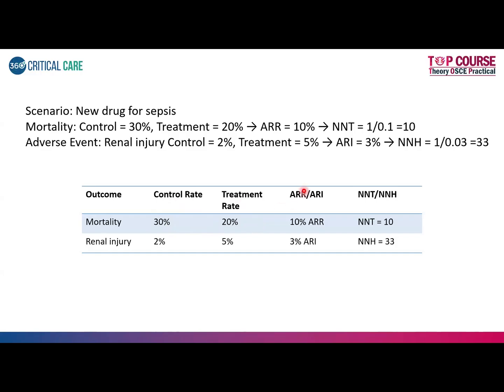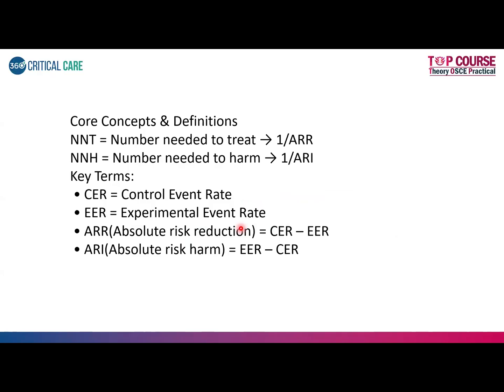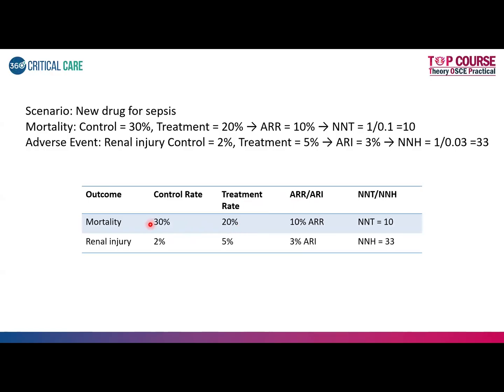So what is the absolute risk reduction in this case? That is the control event rate minus the experimental event rate, which is the risk reduction, and that is 20%. So number needed to treat is given by 1 divided by the absolute risk reduction.